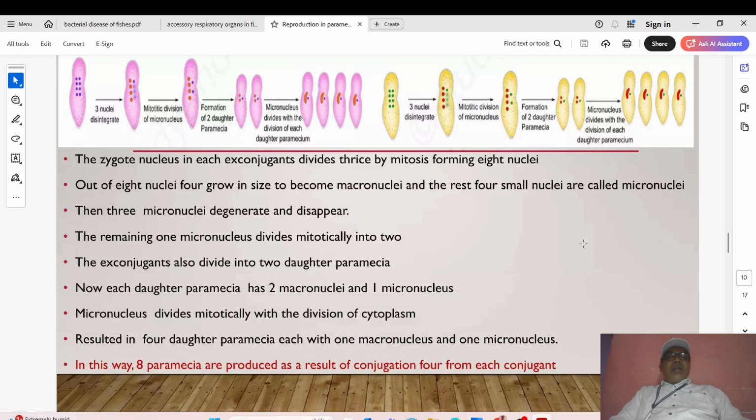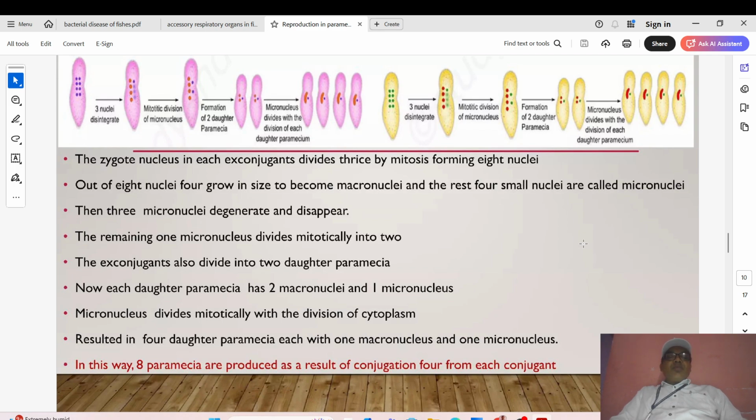The zygotic nucleus in each conjugant divides 3 times by mitosis, forming 8 nuclei. Out of 8 nuclei, 4 grow in size to become macronuclei, and the remaining 4 small nuclei are called micronuclei. Then 3 micronuclei degenerate.